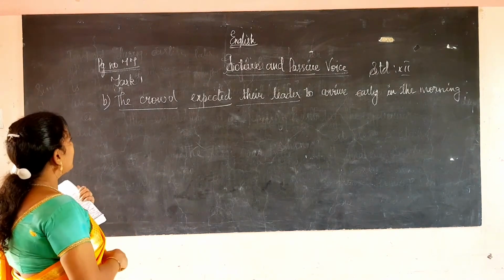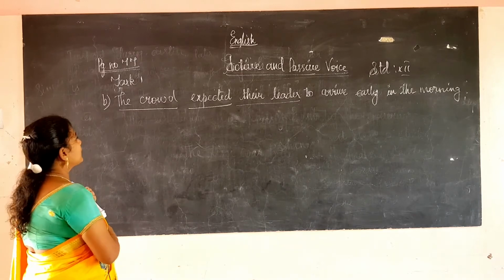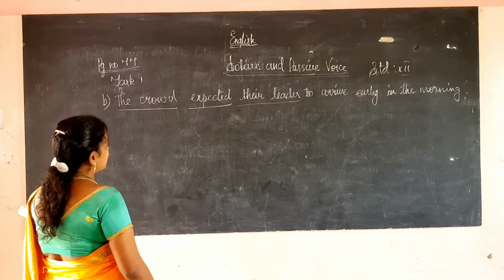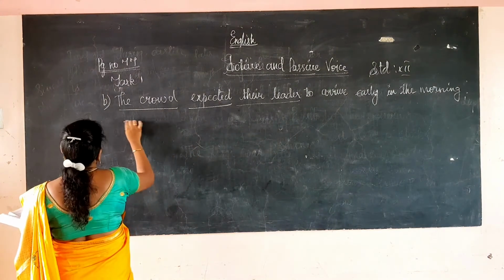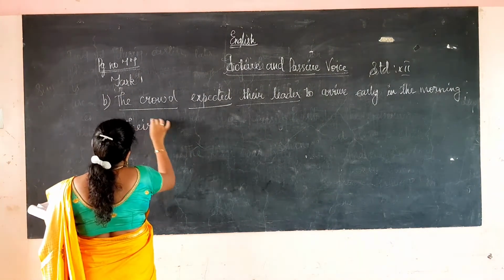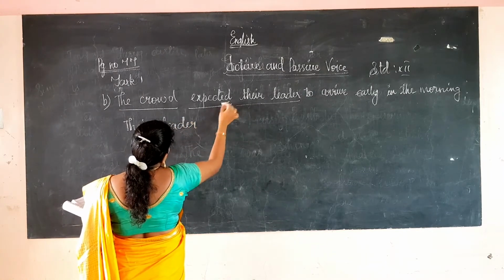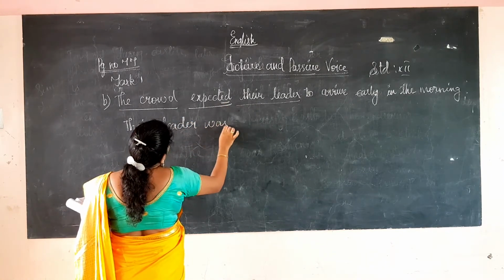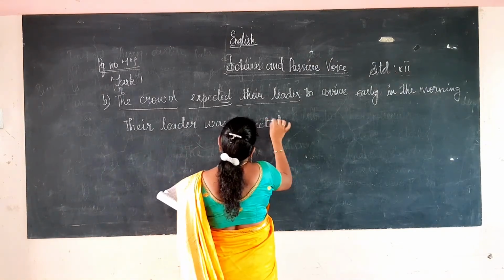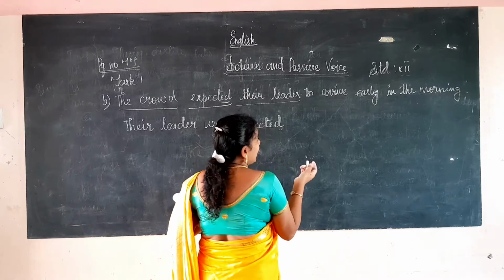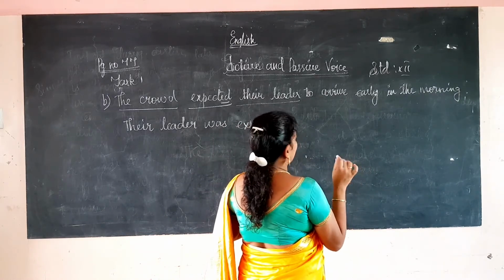So, now as per the rule we have to change. First, the object has to take the place of the subject of the passive form. So, their leader. Leader is singular and it is past. So, the leader was expected to arrive early in the morning by the crowd, or by the crowd to arrive early in the morning.